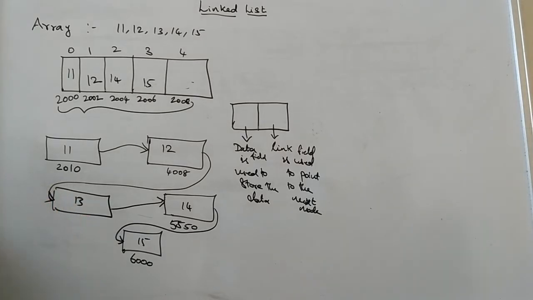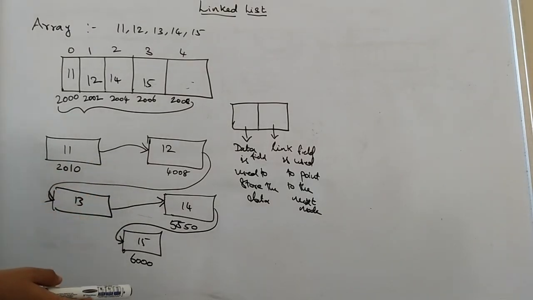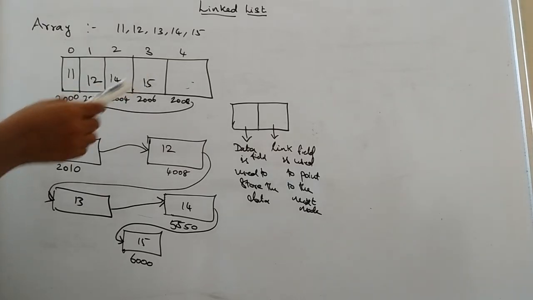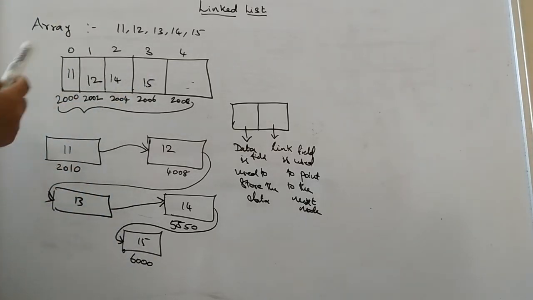This itself is enough. The reason is, since the elements are scattered in the memory locations wherever it is free, it's quite easy for the programmer to do the insertion or deletion operations. But if I am taking an array, since these elements get stored in consecutive memory locations, I should perform the shifting operations, but here it's not needed.